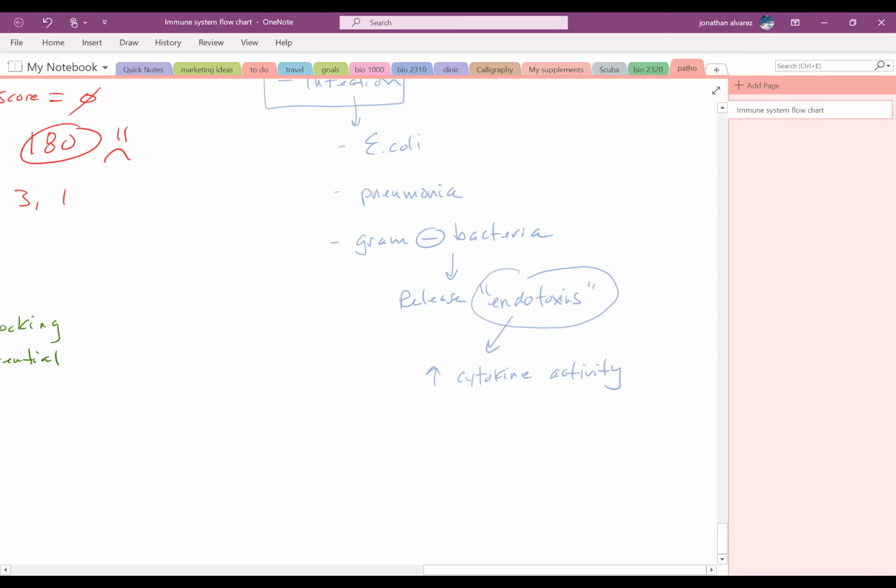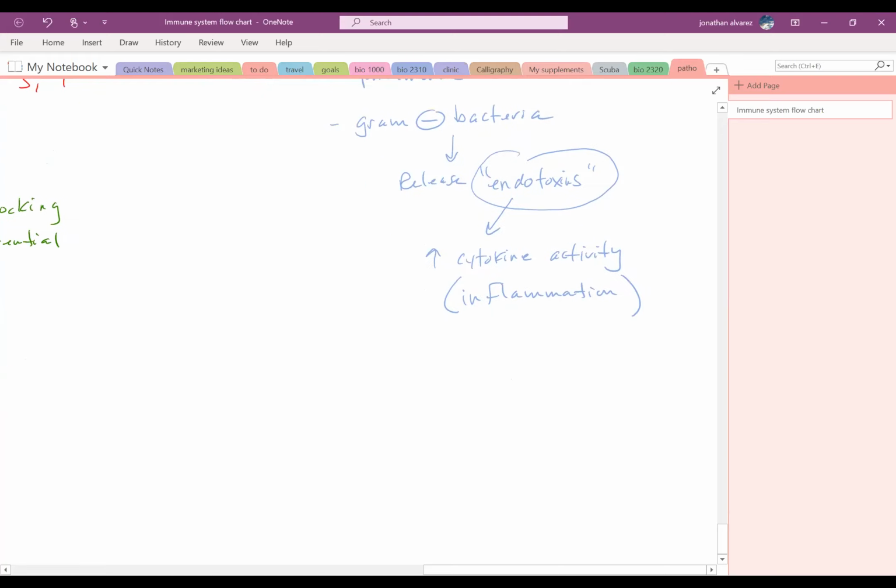Okay, and anytime you see that, anytime you see cytokine, think inflammation. All right. So with inflammation, you have a million things that can happen. Just tons of stuff. Here's a couple quick ones, right?